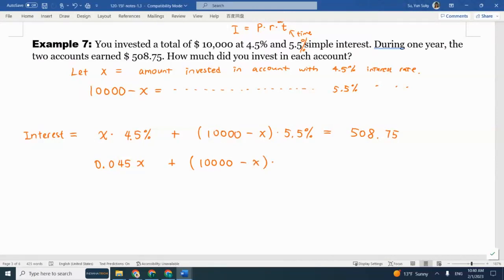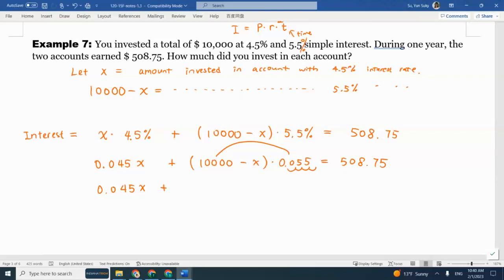What's 5.5%? Yes. Okay, keep going. So 0.045x. Now use 0.055 times 10,000. That's the same as moving the dot 1, 2, 3, 4 digits.